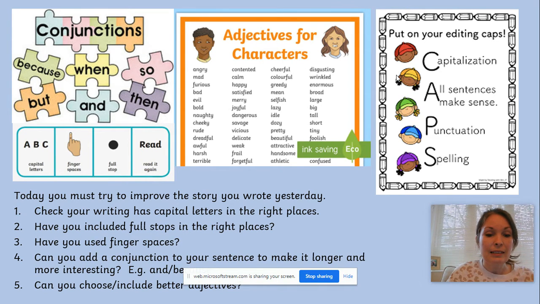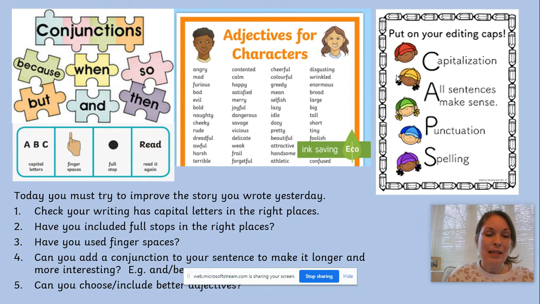He landed, I can't remember what I said now. Well, let's just say he landed on the moon and his plane broke. Or he landed on the moon, because his plane broke. So I'm using the conjunctions to make my sentence longer.